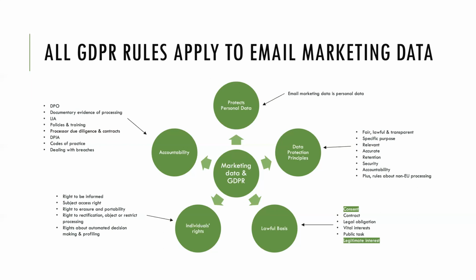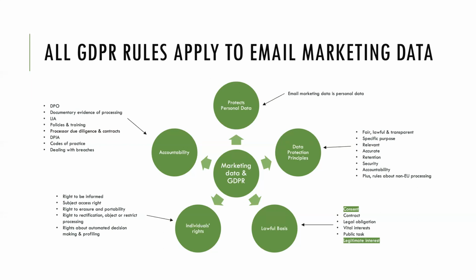So we've talked about consent in certain situations, and we've also talked about soft opt-in, and we've talked about business marketing. Soft opt-in and business marketing would be legitimate interest on the basis that the law allows you to do it. And you have no way of contacting these people otherwise than doing it that way.